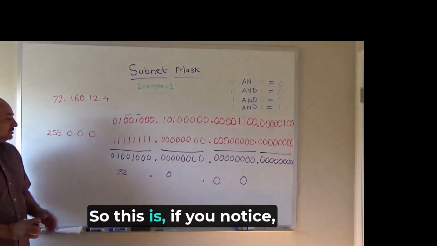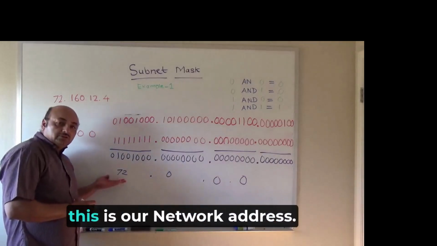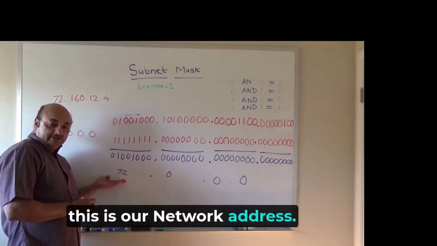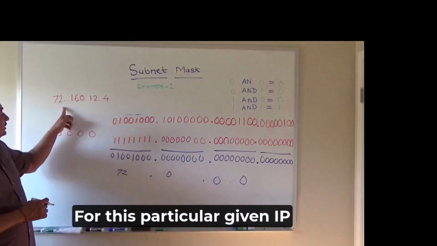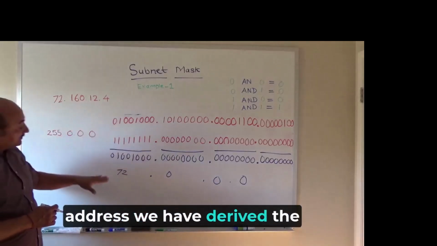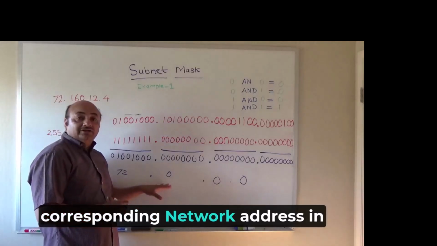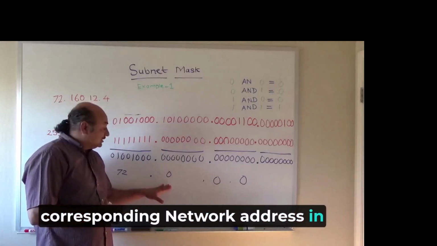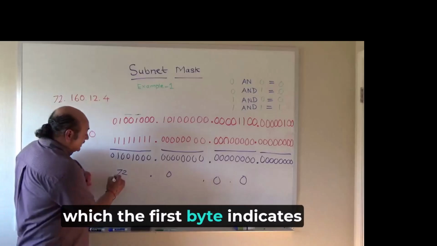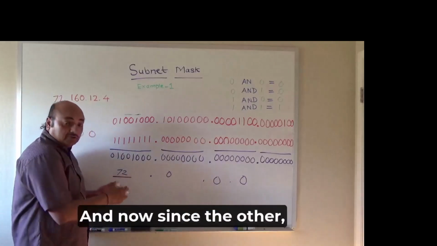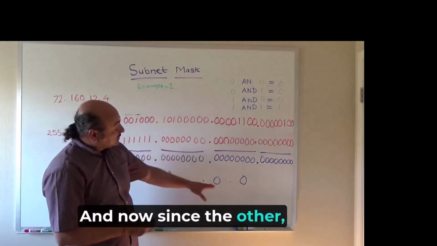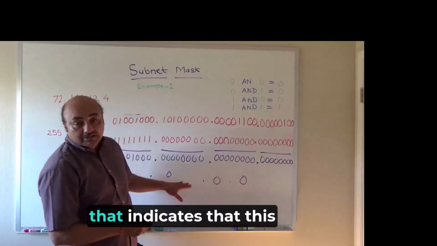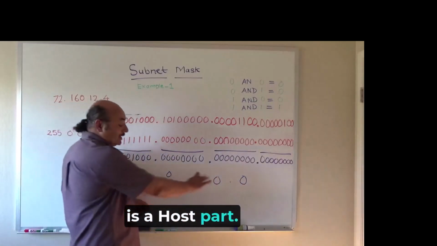So if you notice, this is our network address. For this particular given IP address, we have derived the corresponding network address, in which the first byte indicates the network, and since all the others are 0, that indicates that this is the host part.